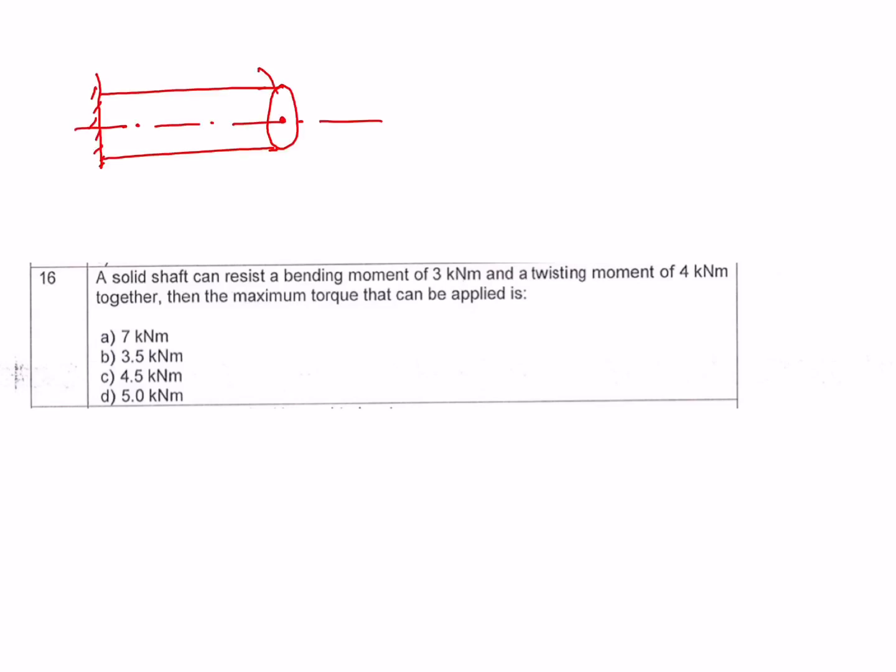Bending moment M, then your twisting T. M value is 3 kN and twisting T value is 4 kN. Equivalent torque we have to calculate.